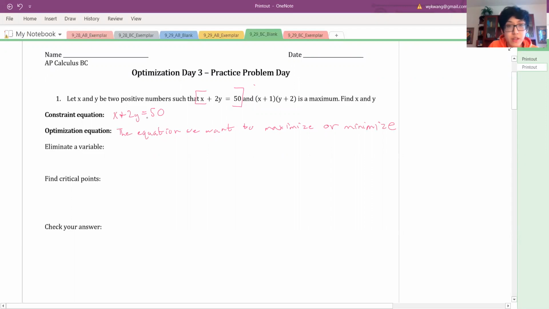So essentially, the equation that we want to maximize in this case is going to be f is equal to x plus 1 times y plus 2. So we want to maximize f, basically. We want to maximize this value, x plus 1 times y plus 2.